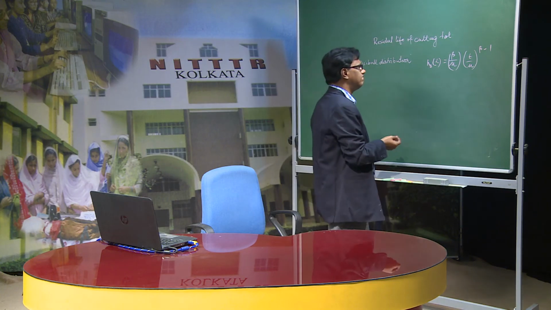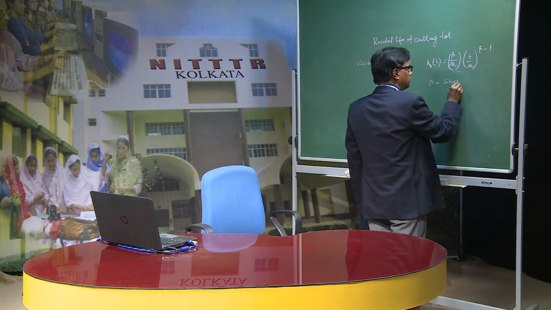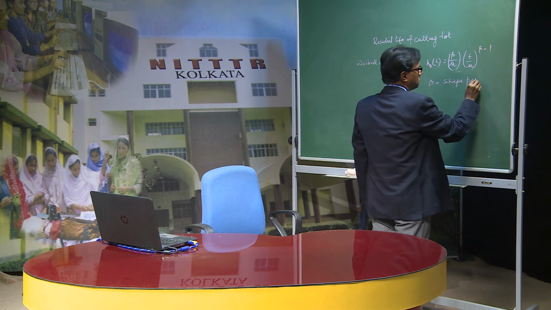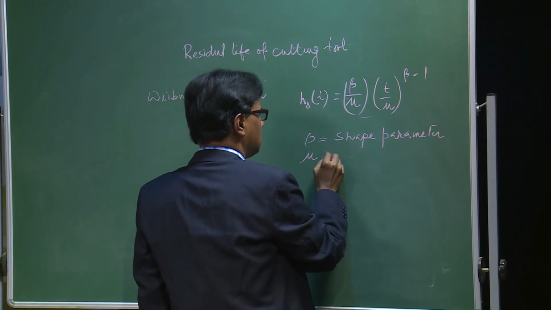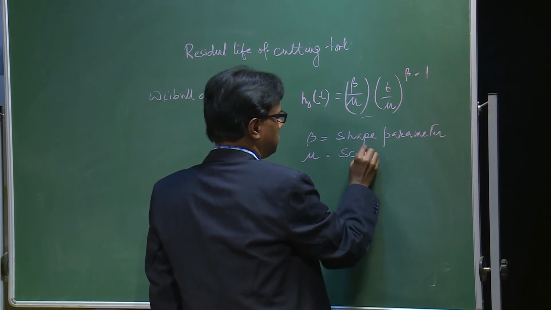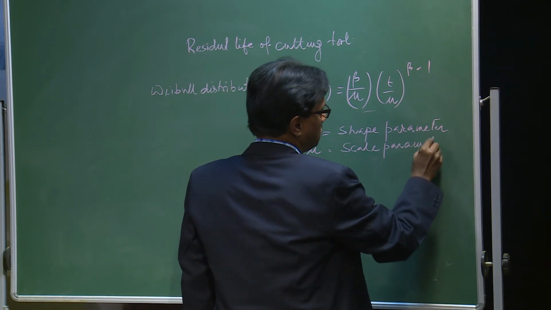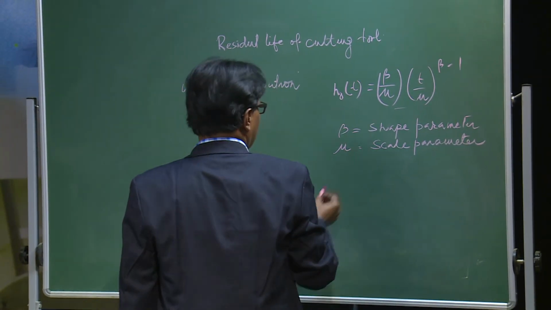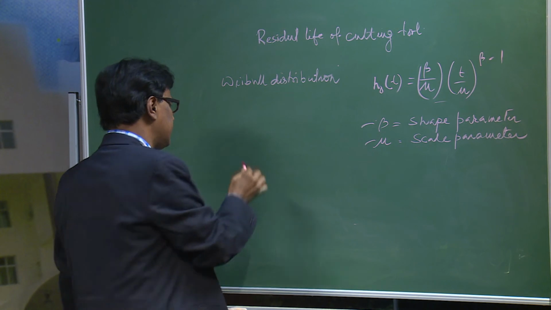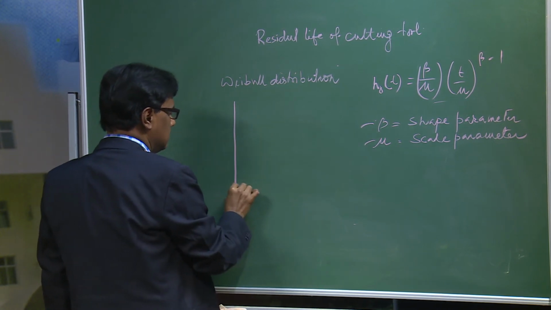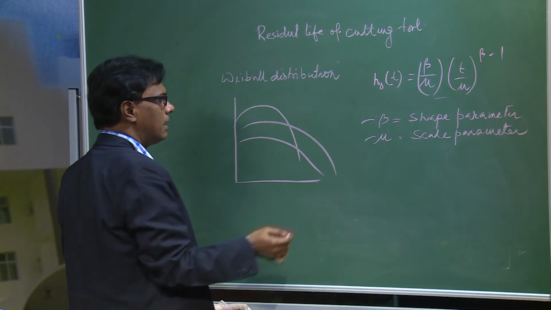If you observe this formula, beta is a shape parameter and mu is a scale parameter. The idea is that by varying beta and mu, you can get several curves.